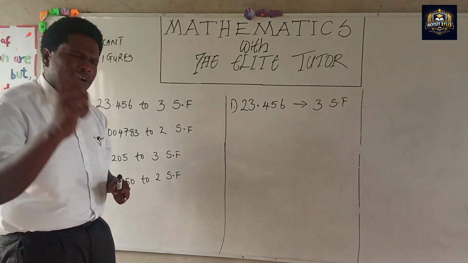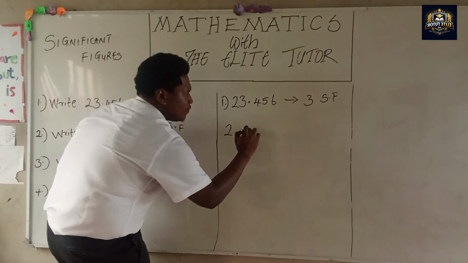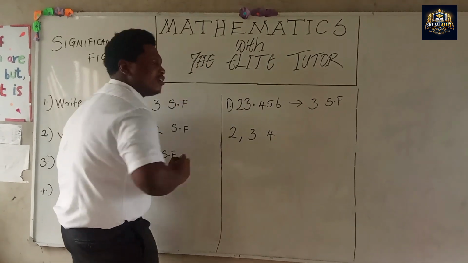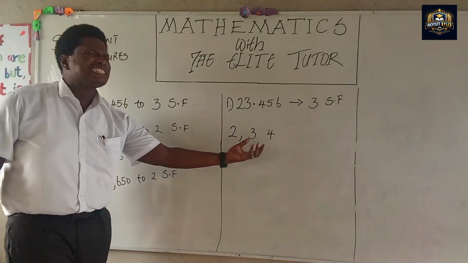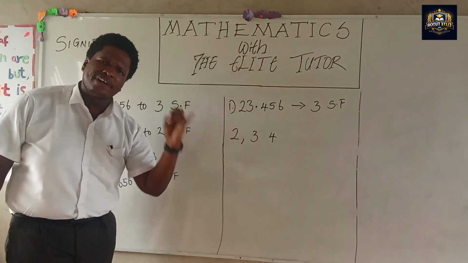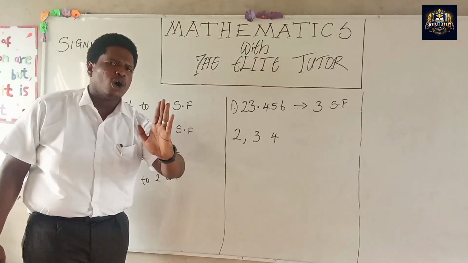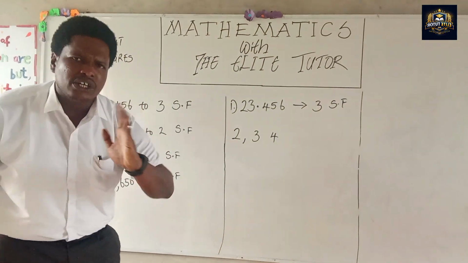Our 3 significant figures are 2, 3, and 4. Our 2 is our first significant figure, 3 is our second, and 4 is our third.